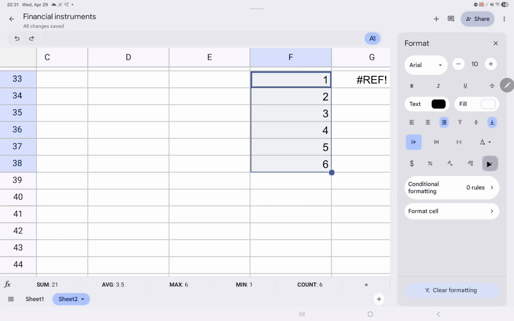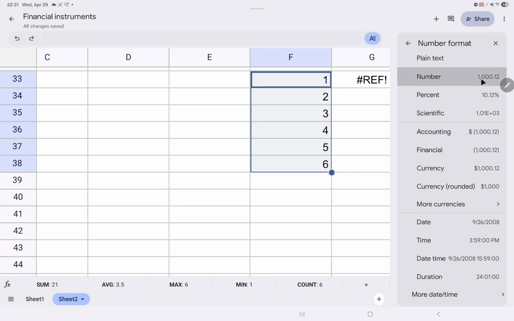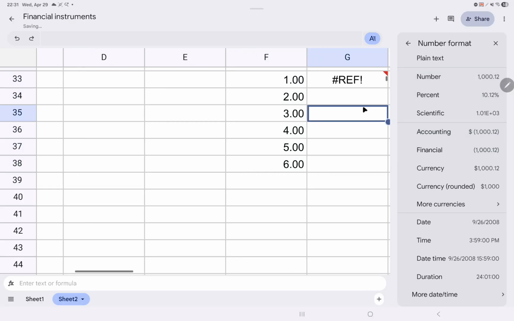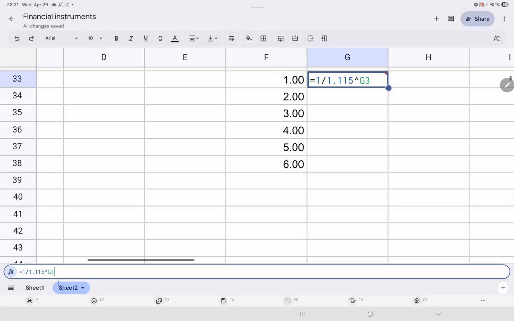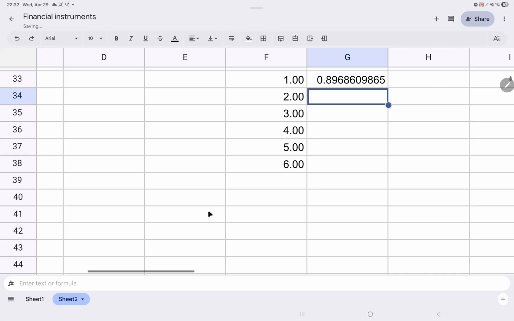So let me convert this to a number. I'm still getting a circular dependency detected error. So let me just use 1 power 1. Yes, power 1. This is it.